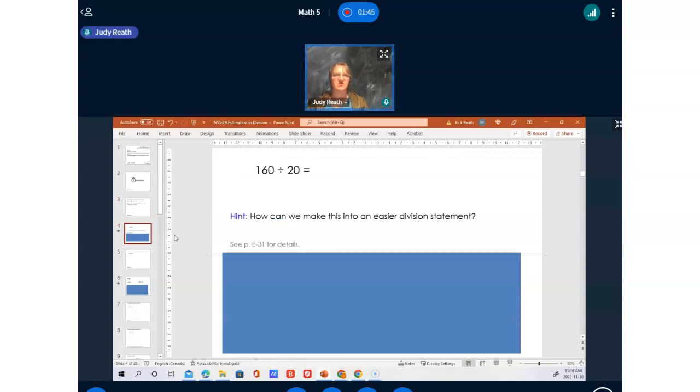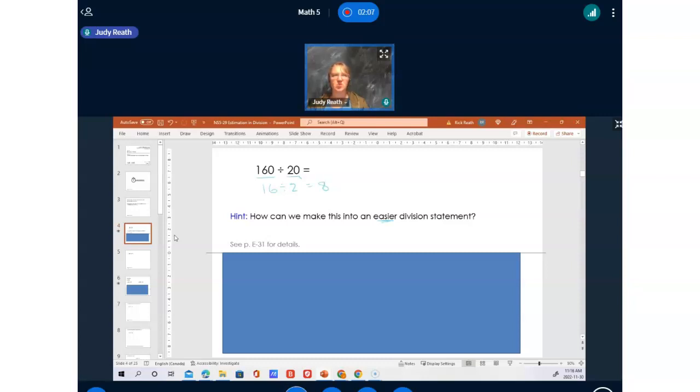So let's look at this one. If we have 160 divided by 20, we could make that into an easier division question, right? If we divide both of these by 10, we'd end up with 16 divided by 2, which makes it much easier because we know 16 divided by 2 is 8.